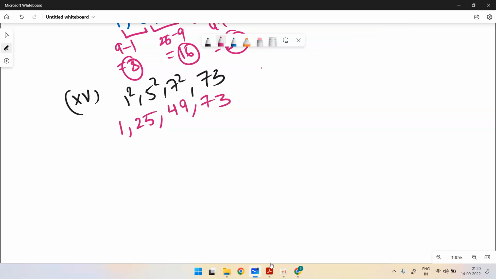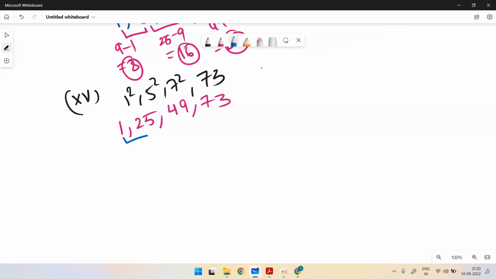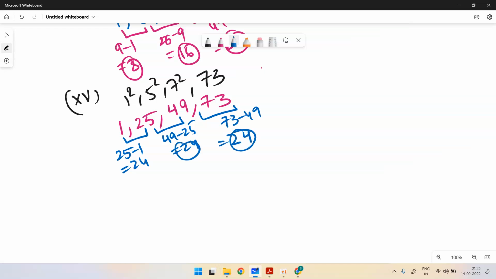Now the differences: 25 minus 1 is 24, 49 minus 25 is 24, and 73 minus 49 is again 24. Since the differences are all equal to 24, this forms an arithmetic progression.